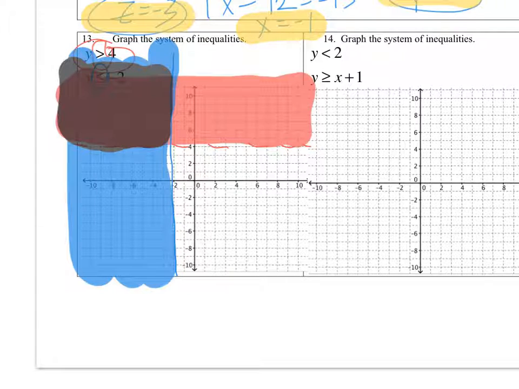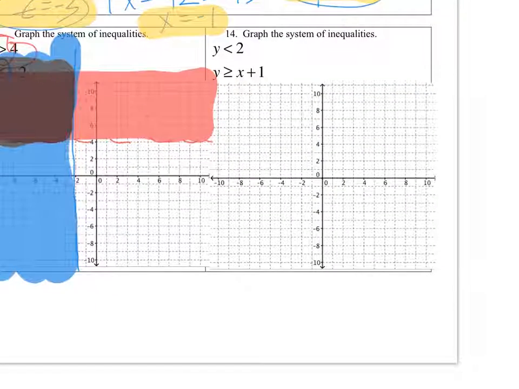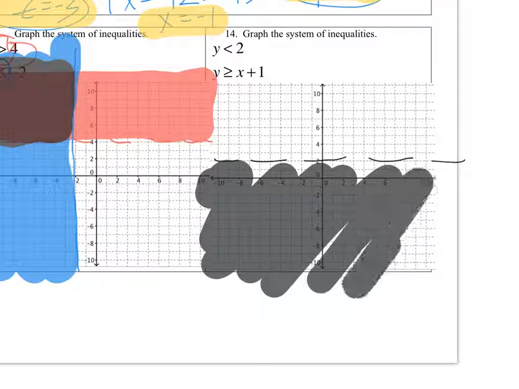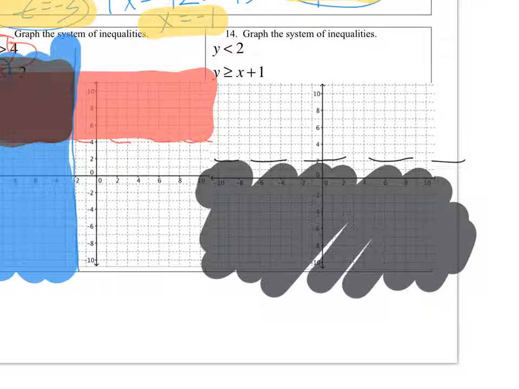For the second one of these, we're graphing y is less than 2. We've got a similar setup. Okay, horizontal line, less than, I'm going to shade in below. And then we're looking at y is greater than x plus 1. I'm sorry, greater than or equals, that's why it's getting a solid line. I'm going to plug in a point to check to see if it works.